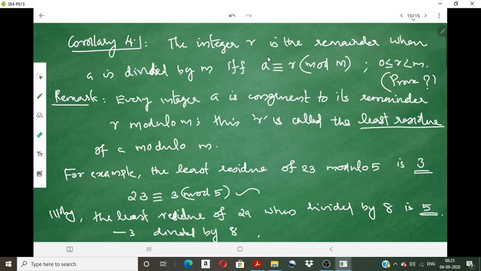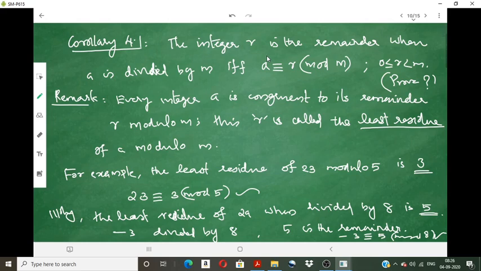So 5 is the remainder, or we can write minus 3 is congruent to 5 modulo 8. This relation is also true since 8 divides minus 3 minus 5, that is minus 8. 8 divides minus 8. So this relation also holds. So this is about the theorem and its illustration.